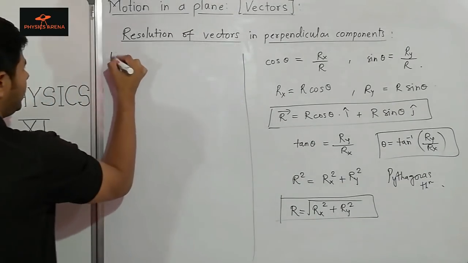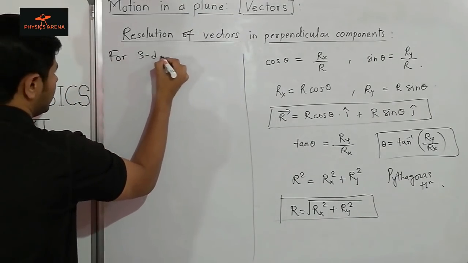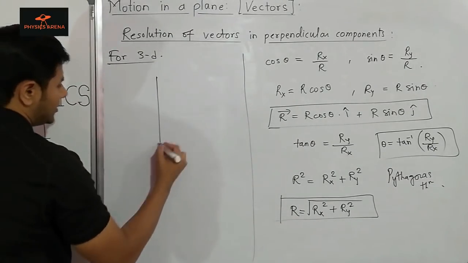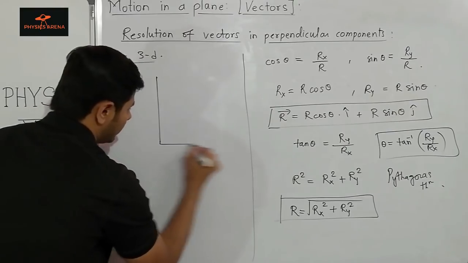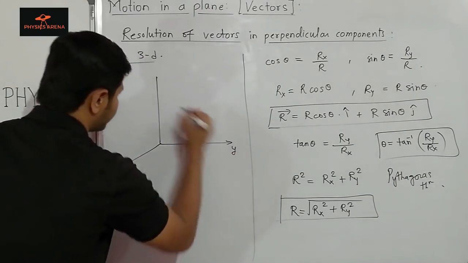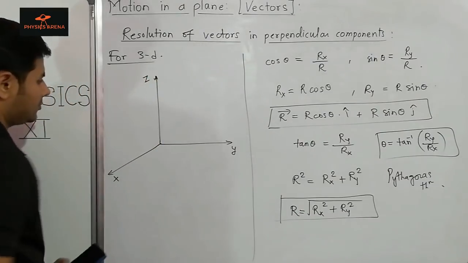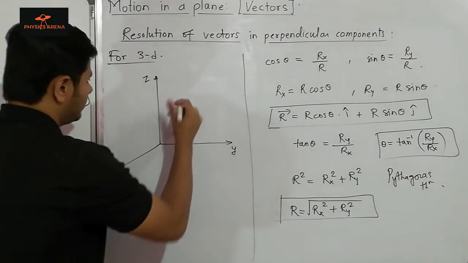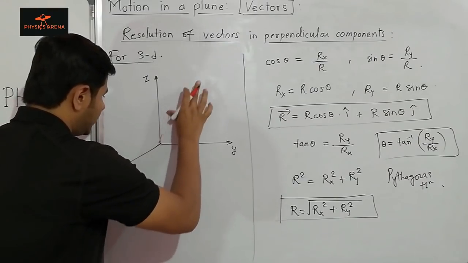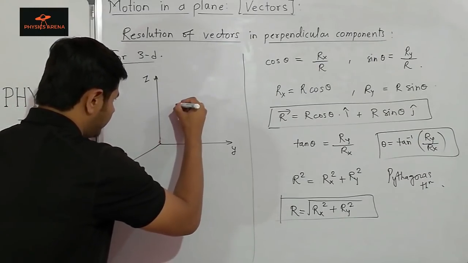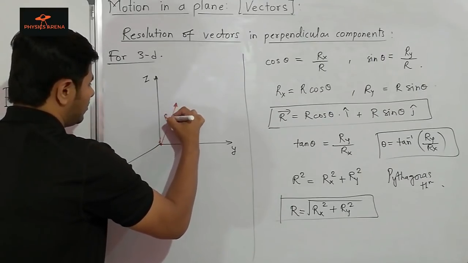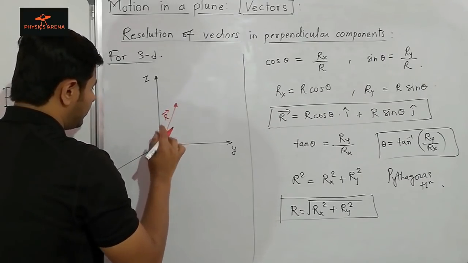So for 3D, this is my z-axis, this is y, and this is x-axis. And suppose this is the vector to be resolved, R bar.